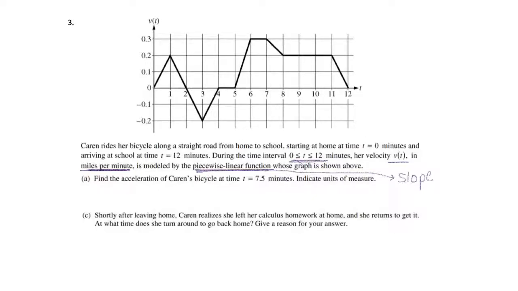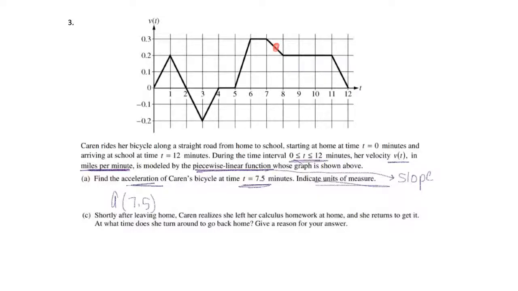Part A asks us to find the acceleration of Karen's bicycle at time 7.5 minutes. Indicate units of measure. So we need acceleration. We need to find A at 7.5. But the unfortunate thing is we're not given the graph of acceleration. We're given the graph of velocity. So if we pinpoint 7.5, that's somewhere inside of here.